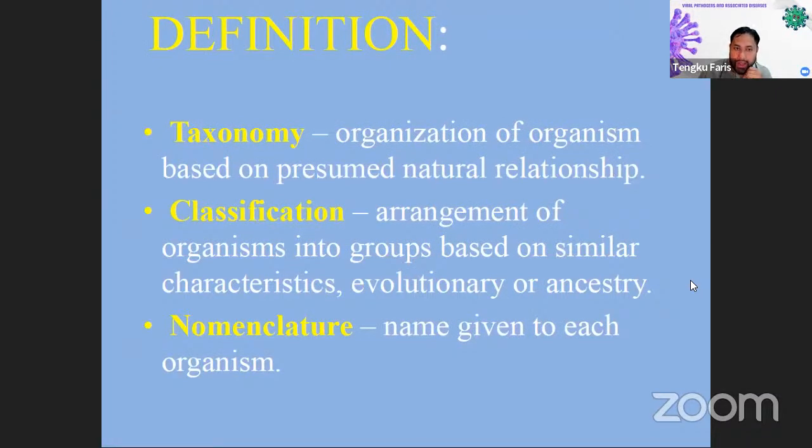Let us look at the definitions. Taxonomy is another branch of knowledge where we are interested in the organization of organisms based on presumed natural relationships. Okay, classification, this is how we classify them. What are the old viruses, like polio and Ebola?